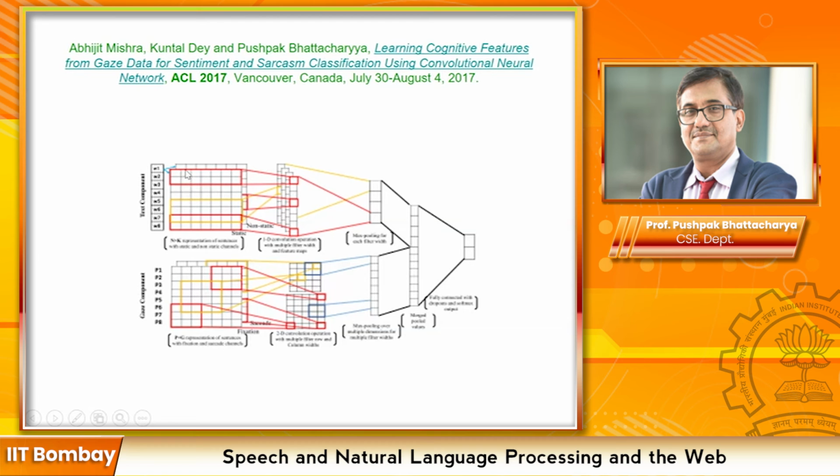Then I pass a filter over the textual part of the input and over the gaze behavior part of the input, pass through different filters, collect the features, concatenate gaze features and text features, send to a feed-forward network, and the decision comes out in the form of activations of two neurons.